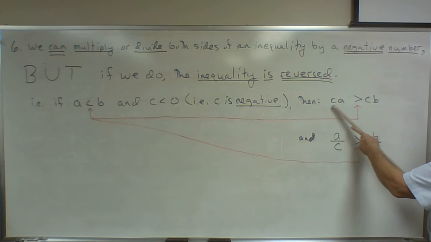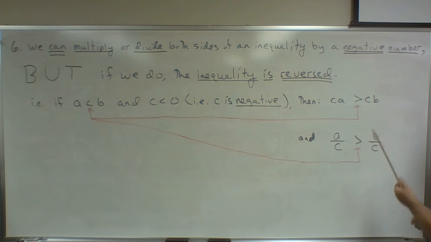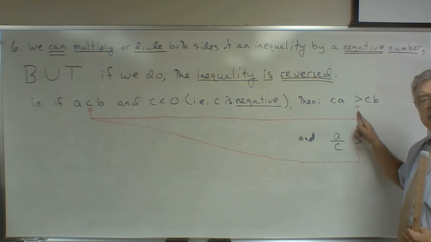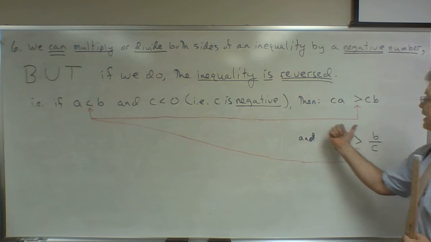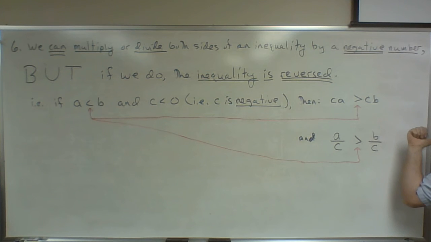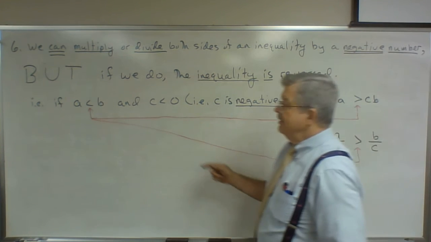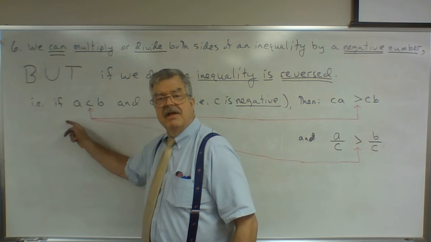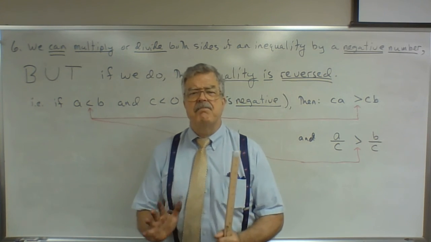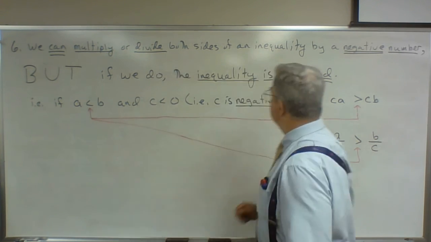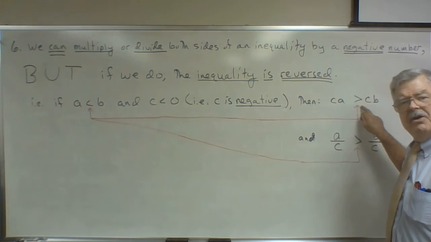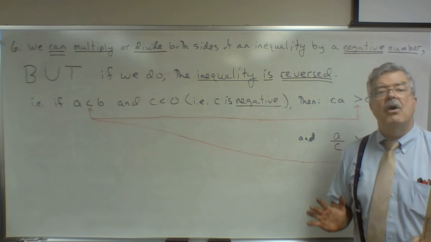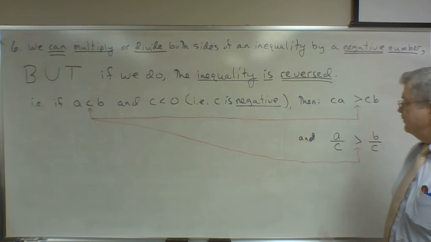I multiply both sides by C. And look at the direction that the inequality is pointing in now. The inequality is pointing this way. The original inequality pointed to the left, but I multiplied both sides by a negative number, and now the inequality is pointing to the right. It always works that way.